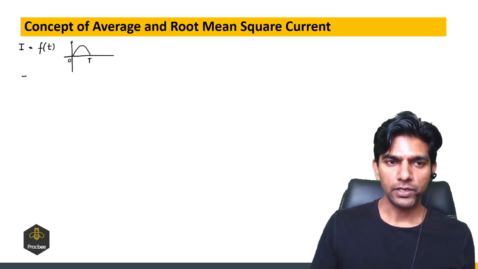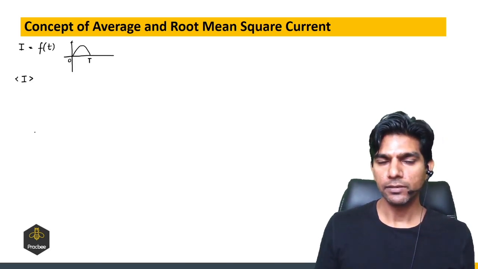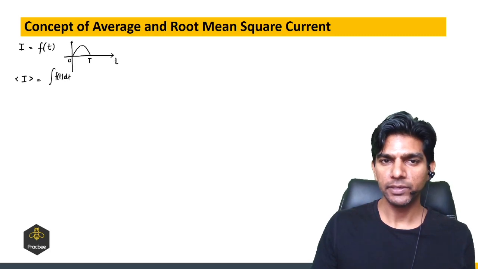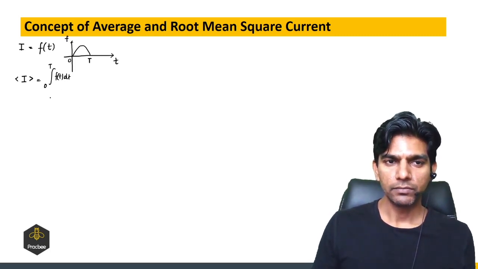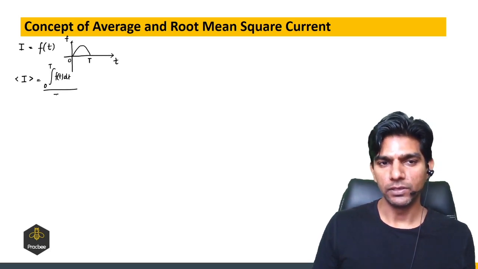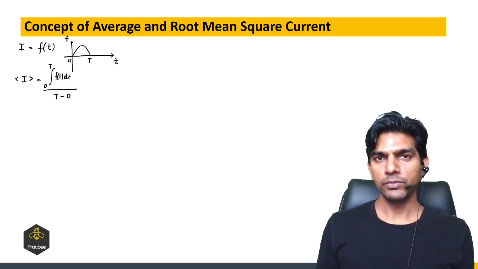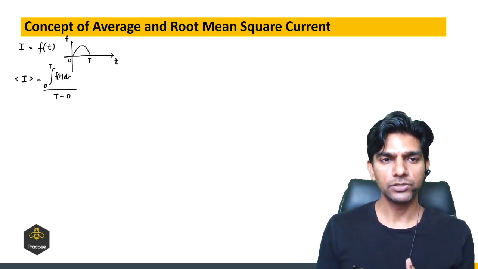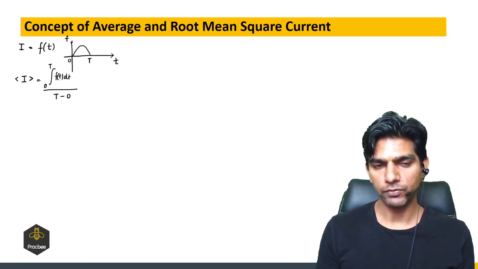The average value of this current from 0 to T will be the area under this graph, which will be the integral of f dt, because this is the time axis and this is the function, from 0 to T divided by the interval, so T minus 0. So that you can remember: if we are given a graph, the area under the graph divided by the duration will give us the average value of that function.